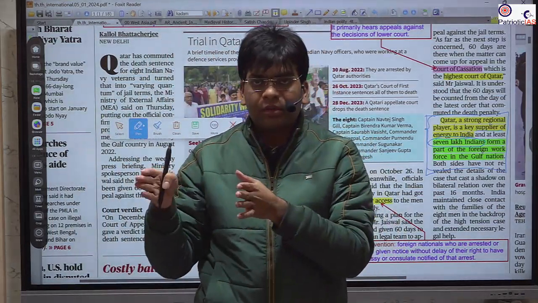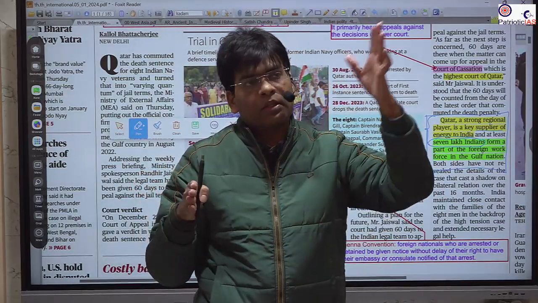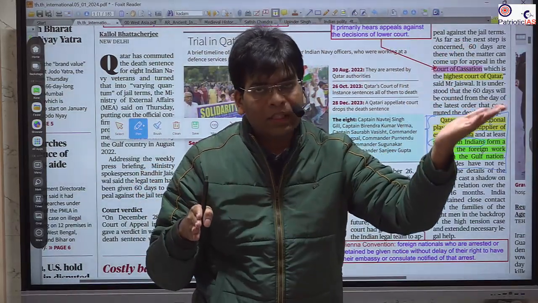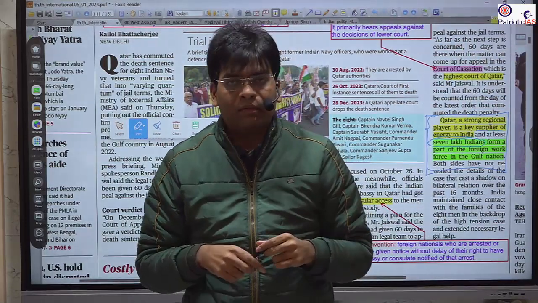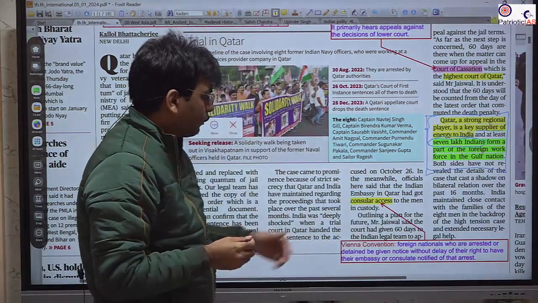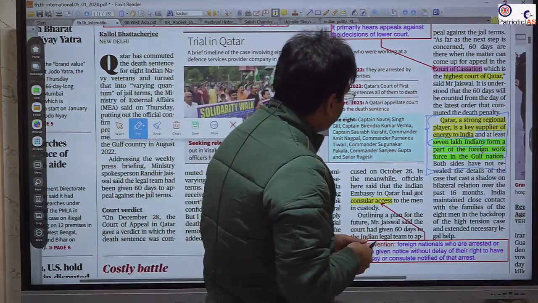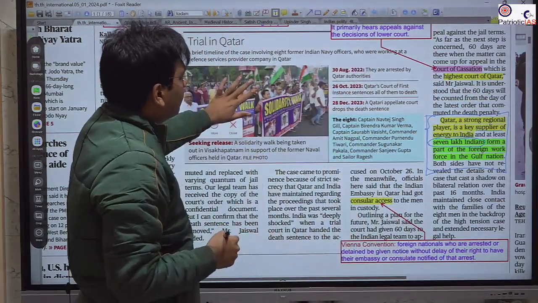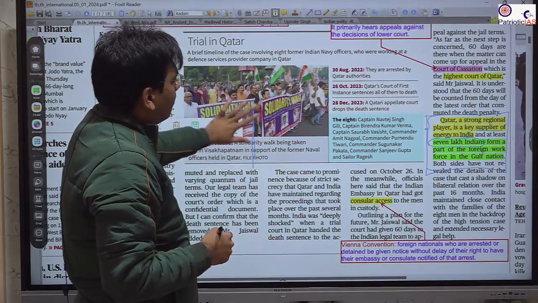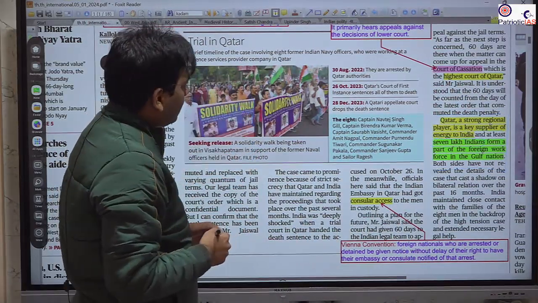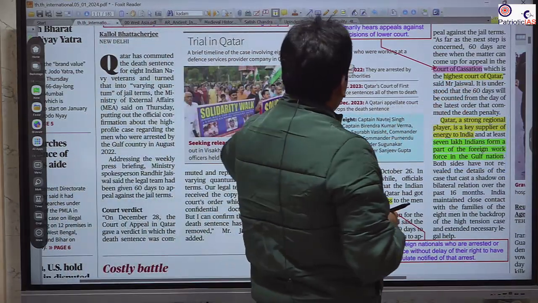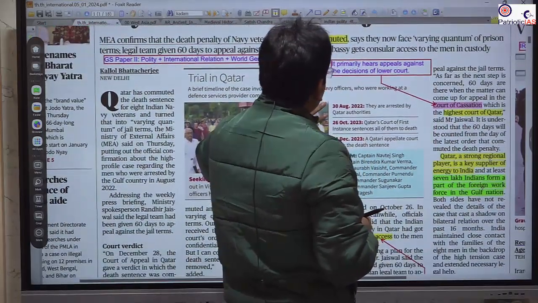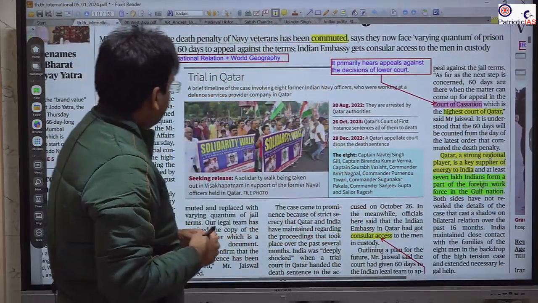If the person has committed some crime in Saudi Arabia, the law of Saudi Arabia will apply under the Vienna Convention. We will study further. Court of cessation means the highest court where an appeal is made, an appeal against the decision of the lower court.